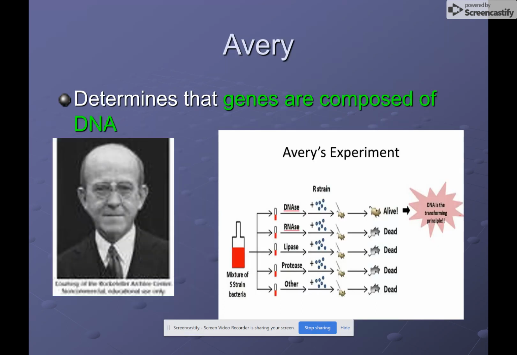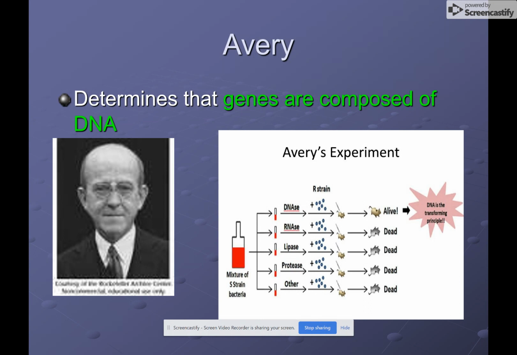We then move on to Oswald Avery, and he's really the guy that said DNA is the stuff. So he looked at Frederick Griffith's paper and work and said, okay, if I start to take out the different pieces of the cell, if I eliminate all the protein, if I eliminate all the lipids, which is where the lipase is down here, if I take out all of the RNA, what happens to this mouse? And every time he ran this experiment, the mouse died.